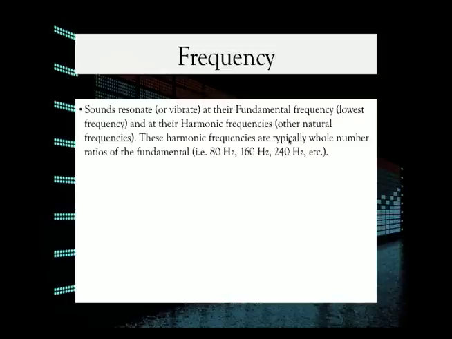So for example, if you look at a bass, let's say a bass has a fundamental of around 80 hertz. And harmonic frequencies are typically whole number ratios of that fundamental. So if the fundamental is 80 hertz, there would be a harmonic somewhere around 160 hertz. And then if you add 80 to that, there'd be another harmonic around 240 hertz, and then 320 hertz.